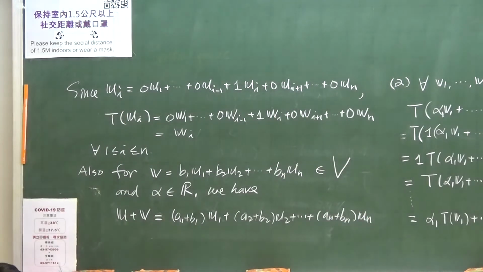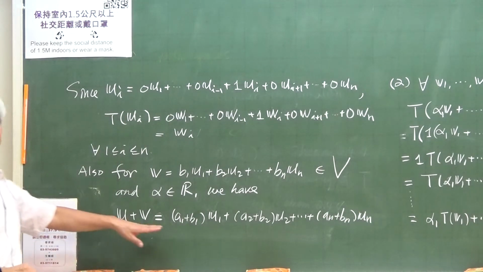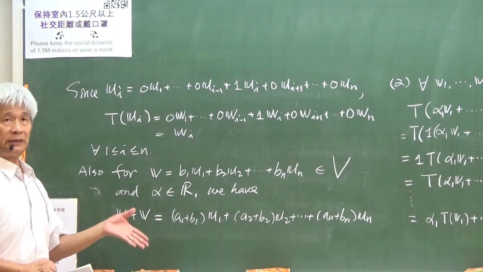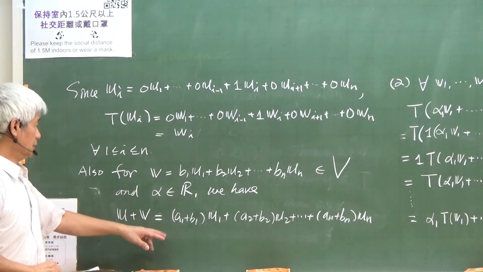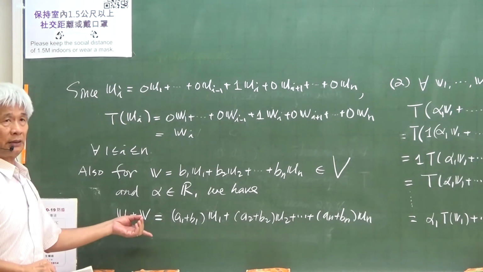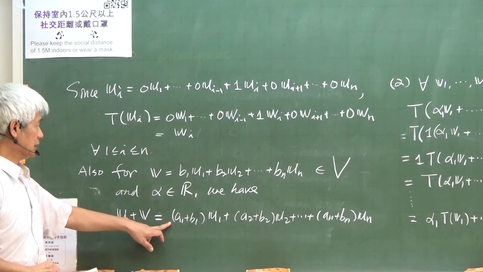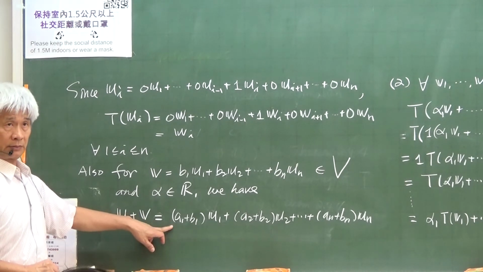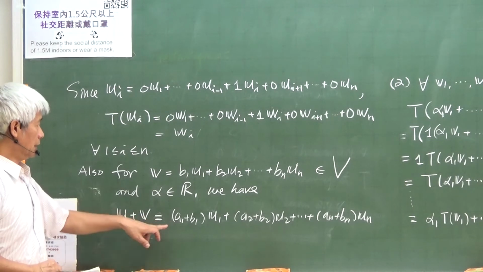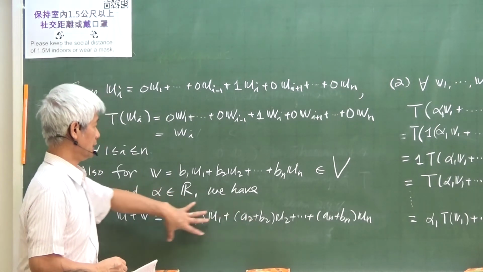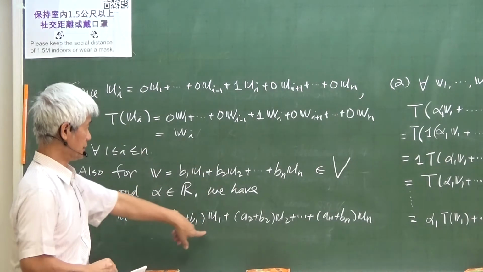Okay, so we can apply the axiom of commutativity of addition, the axiom of associativity of vector addition, as well as the distributive laws about scalar multiplication. So actually you can sum up with this one.